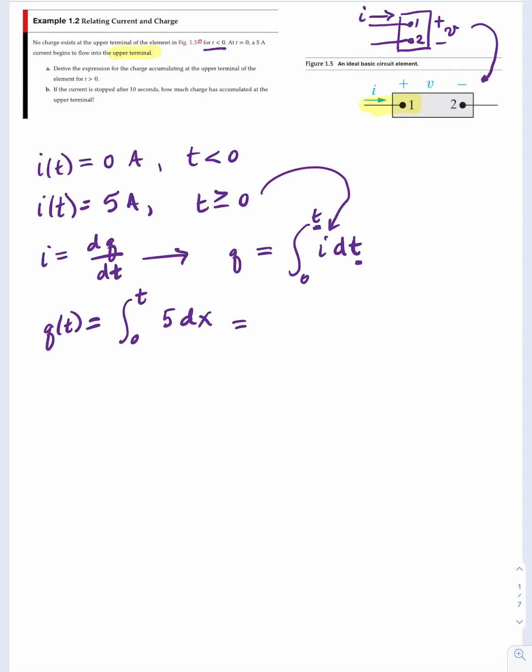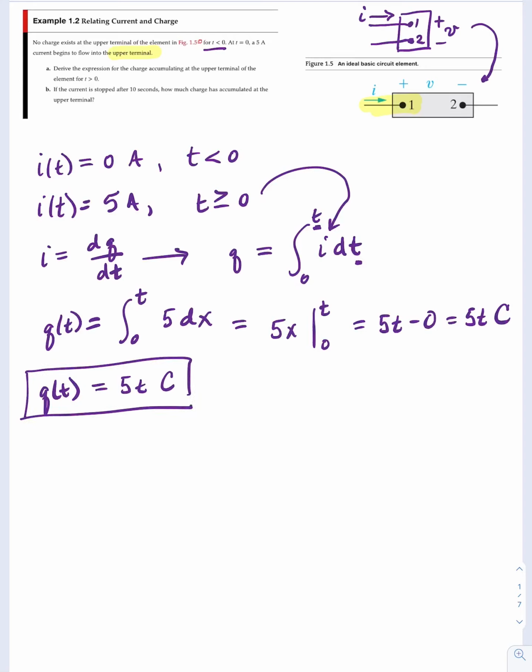So this would give us 5x from 0 to t, which would be 5t minus 0, which is 5t coulombs. So q of t, our expression for charge accumulating, is q of t equals 5t coulombs.